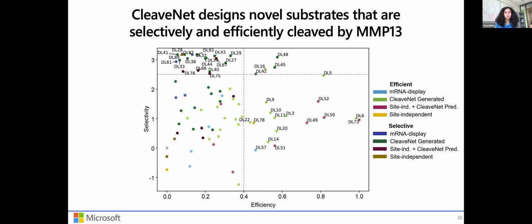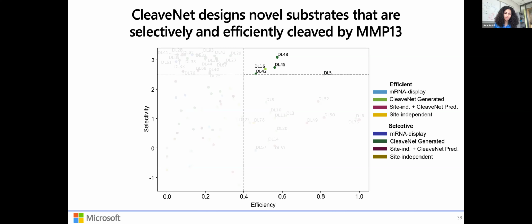And so our final question was to see what we could observe in terms of what these sequences were capturing if we were to now zoom in on this subset of candidate substrates.